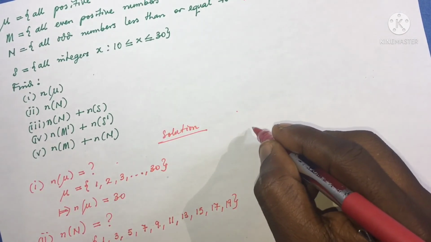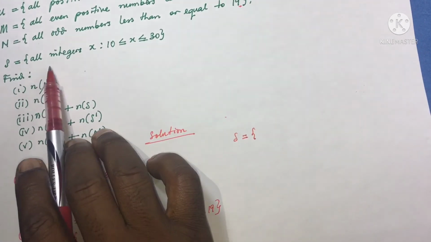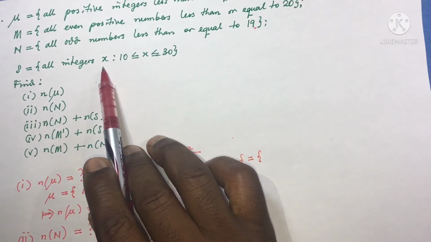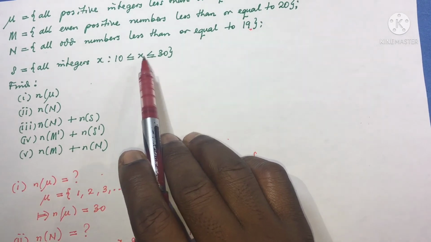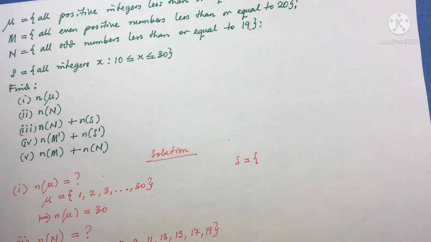Now, but you know, S will be the set as described here, the set of all integers x, such that x lies between 10 and 30, with 10 and 30 inclusive, okay?